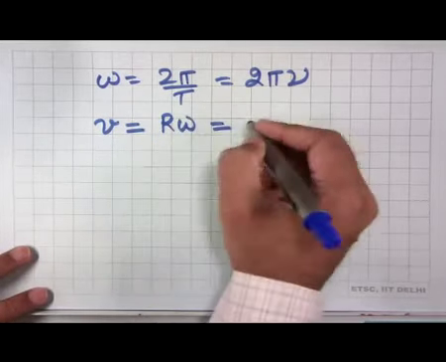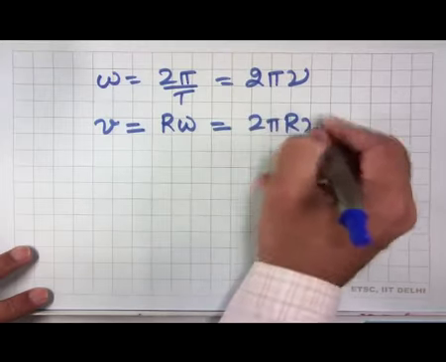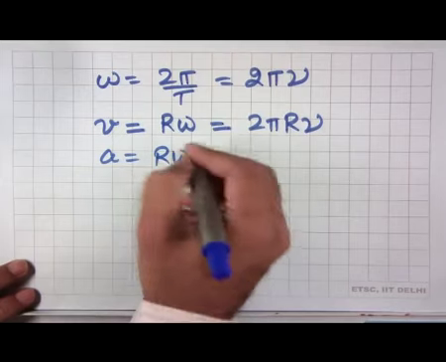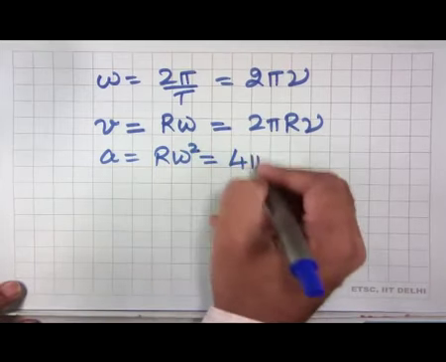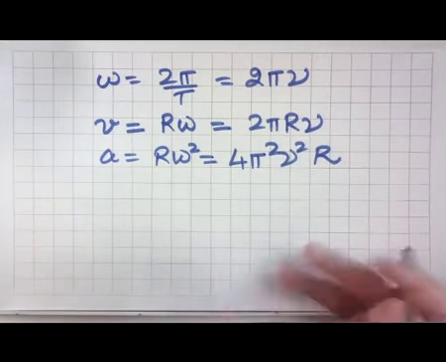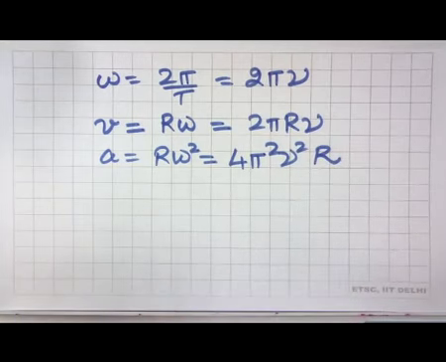So, this can be written as 2 pi r nu, and acceleration, which is equal to r omega square, will be equal to 4 pi square nu square r. So, in terms of frequency and time period, we can get the values of velocity and acceleration.